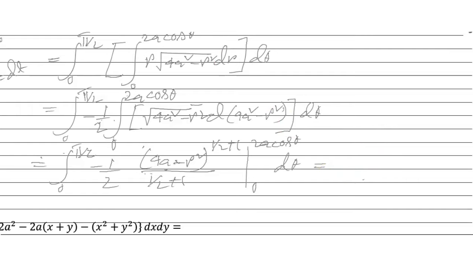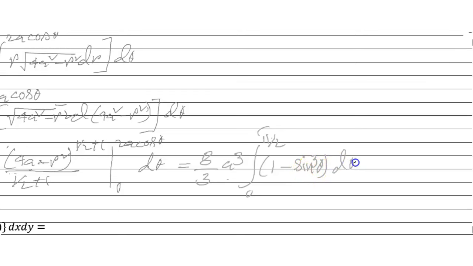Whatever I get, 8 by 3 a cubed integration 0 to pi by 2 sine cubed theta d theta. So this value will become 4 by 9 a cubed into 3 pi minus 4.